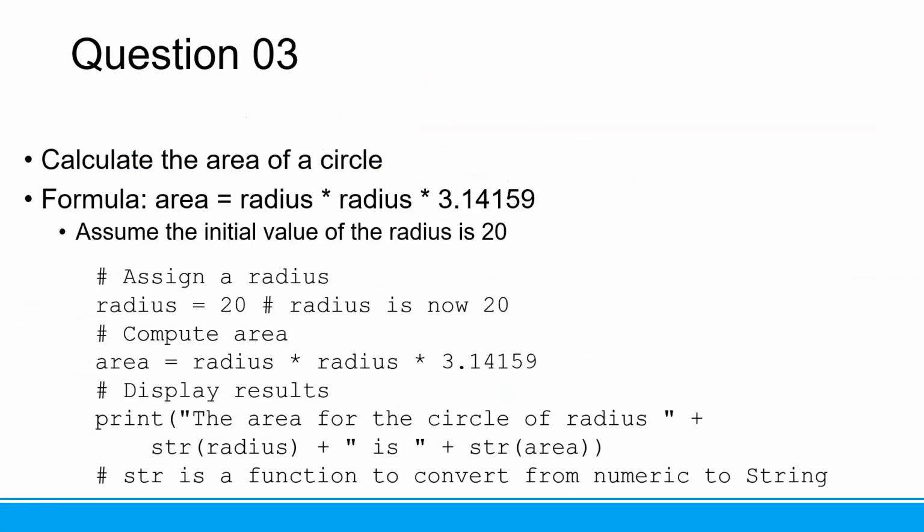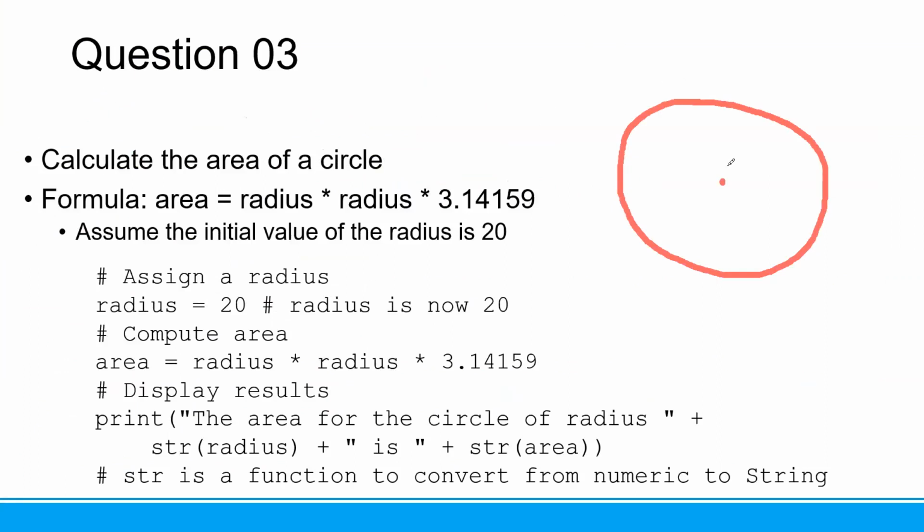Now, we have a problem to calculate the area of a circle. Do you know area? The area of a circle means you have a circle, and we want to know the area.